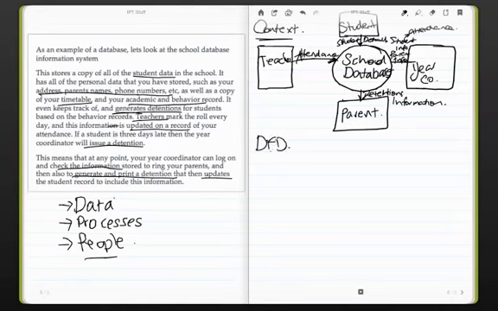Now, a data flow diagram breaks up the processes a little bit more. So what we need to have a look at here is we've got a number of processes. We've got a check information process. So I'm going to tick that off here. Okay. We have generate a detention.